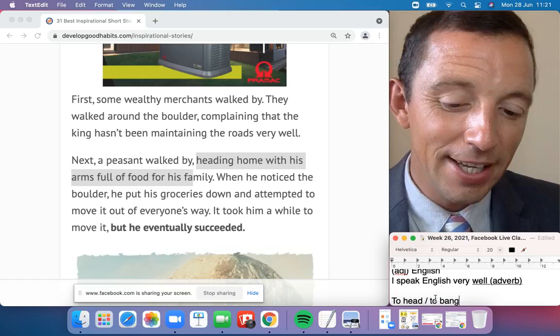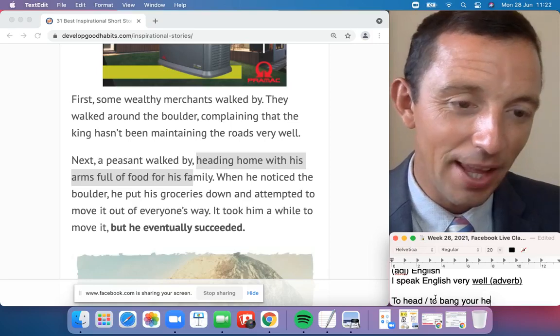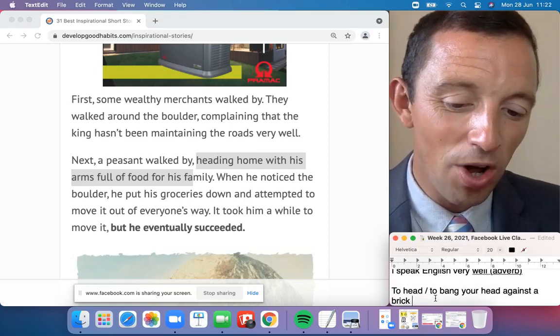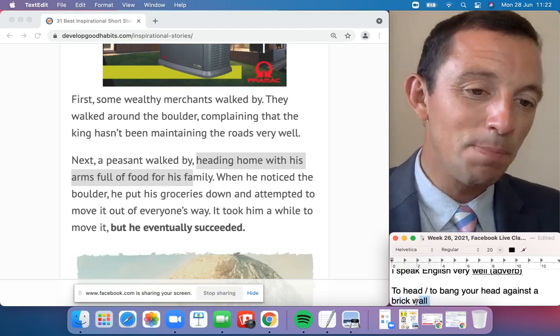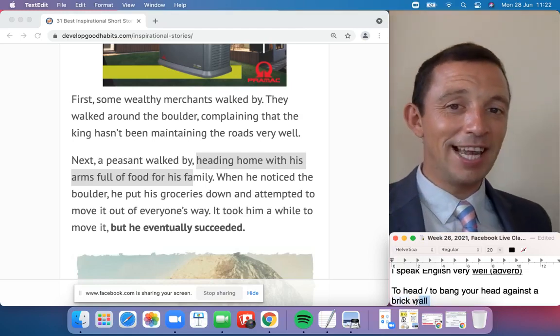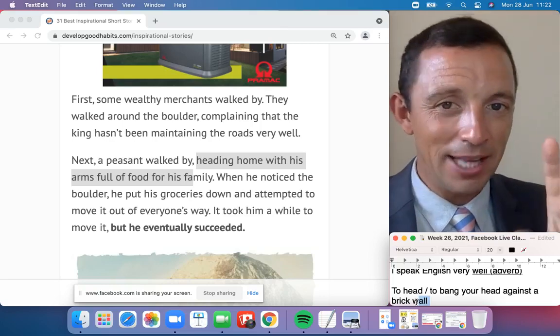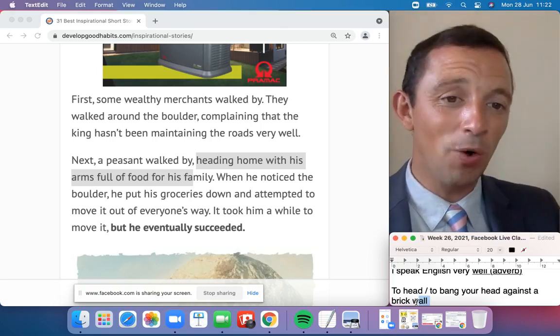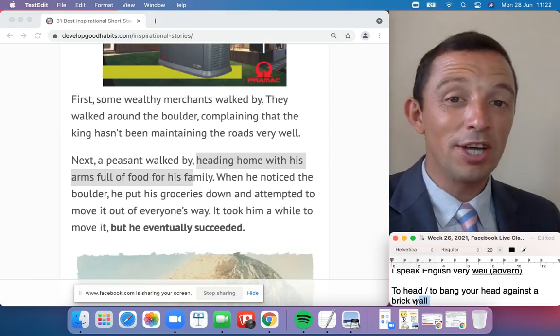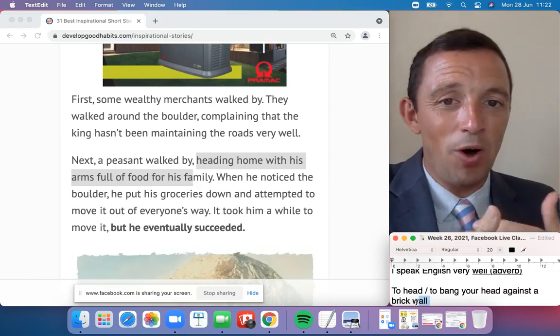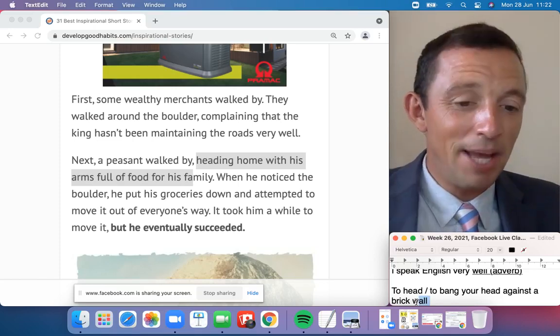To bang your head against a brick wall is an expression. So a brick is como ladrillo and wall is pared. So the pared de ladrillos, no sé exactamente cómo se dice en español, pero a brick wall is this, it's very strong. Okay, in sport, you can say the player is like a brick wall, very strong, very defensive.